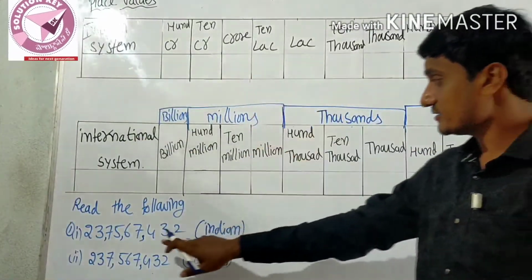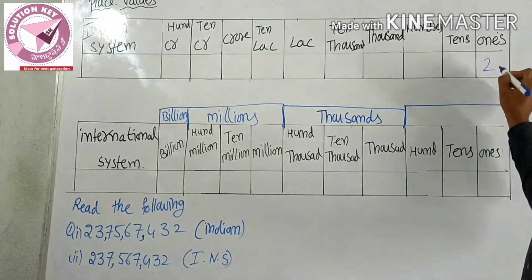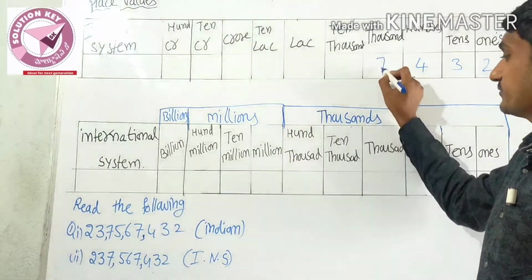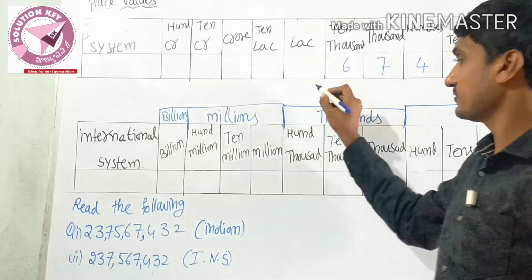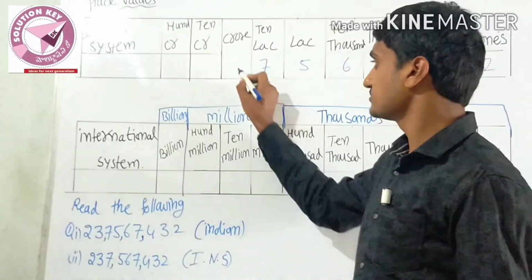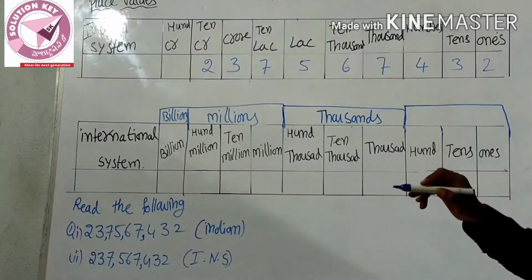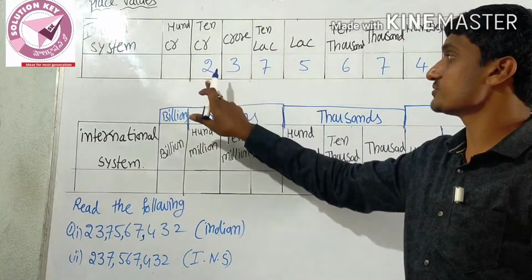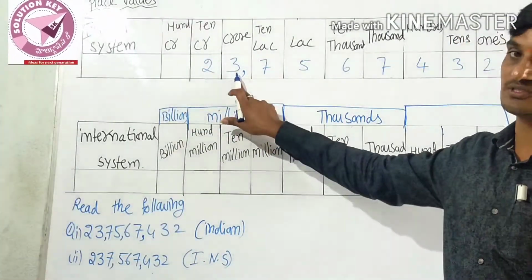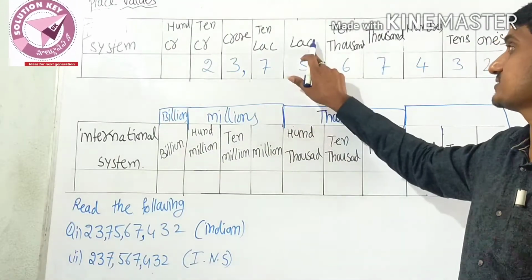Now write this one from the right hand side onwards. First, we read this number in the Indian system. Start from here: 2, 3, 4, 7, 6, 5, 7, 3, 2. How to write this one? 10 crores means these two digits are the same: 23 crores. 75 lakhs, up to lakhs, 75 lakhs.